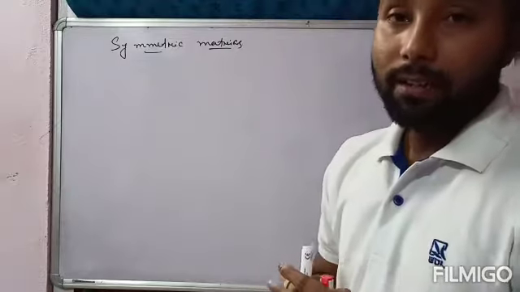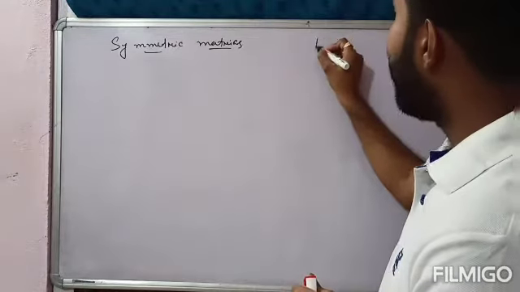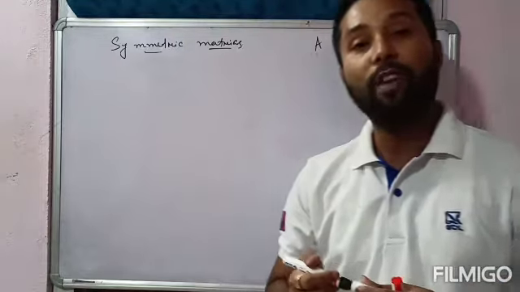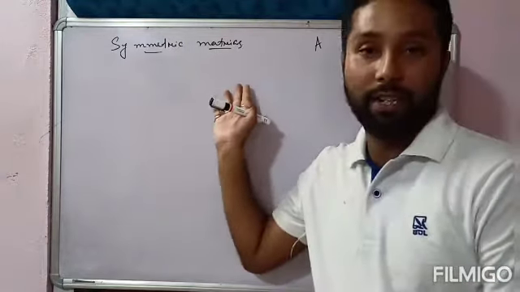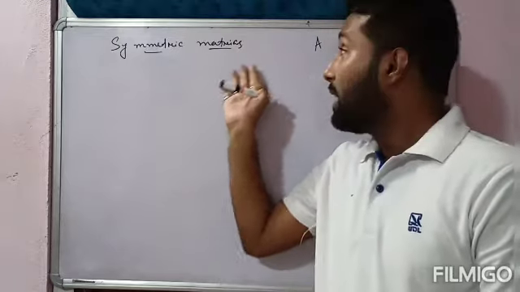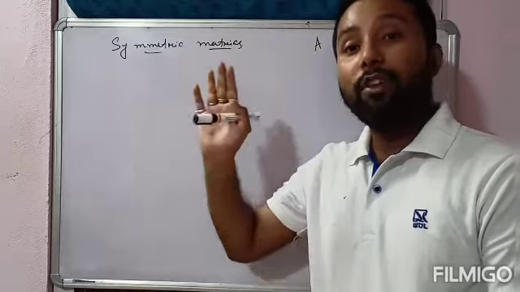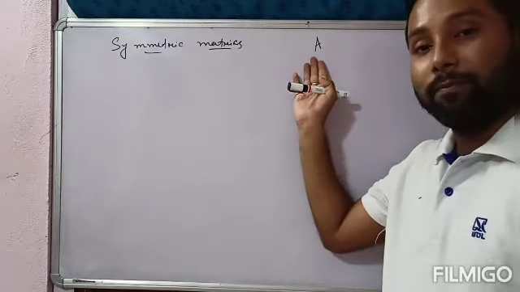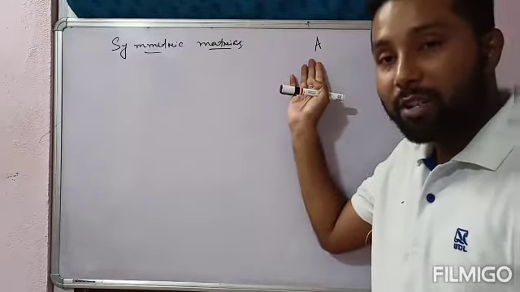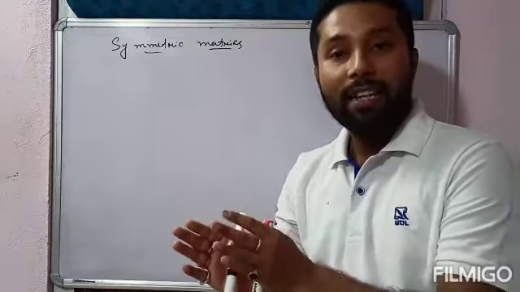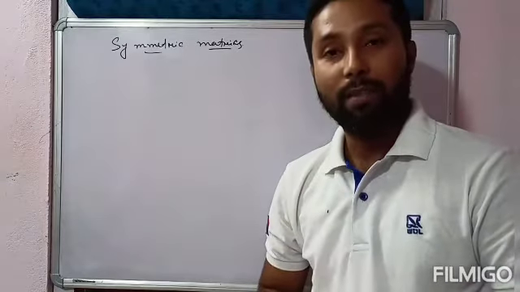If A, and we all know that a matrix is always denoted by capital letters A, B, C, etc. So if A is any square matrix, once again I am repeating, if A is any square matrix and the transpose of A is equal to A, then only it is called a symmetric matrix.